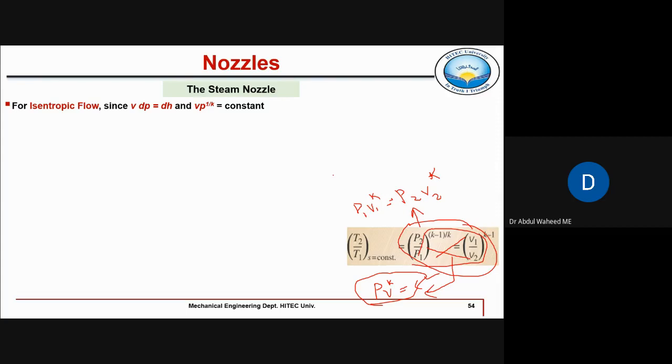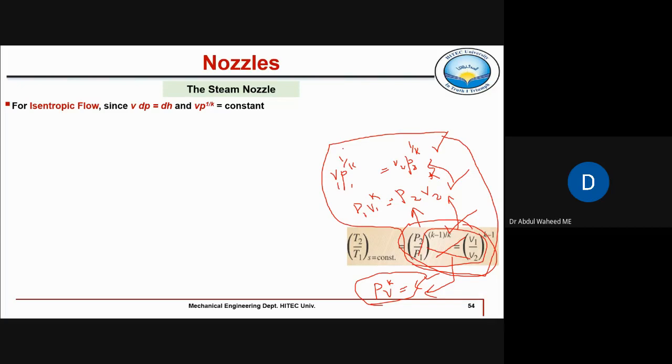Or I can say it is Vp to the power 1 over K is equal to V1 P1 to the power 1 over K is equal to V2 P2 to the power 1 over K. So this is correct. यही इसका सेकंड वर्जन, यही इसका एक थर्ड वर्जन. All these are actually correct. Okay. From simple mathematical or calculus which we have learned.